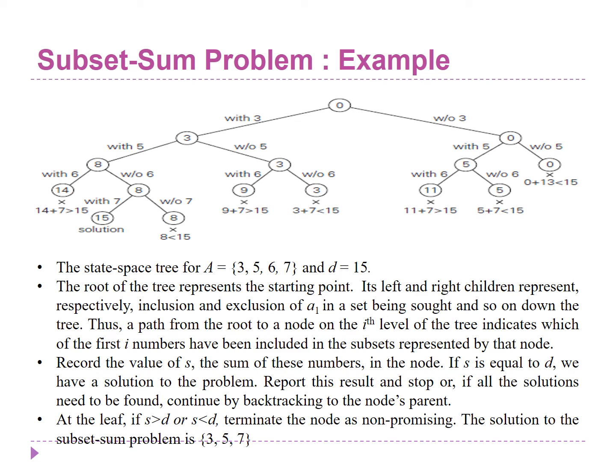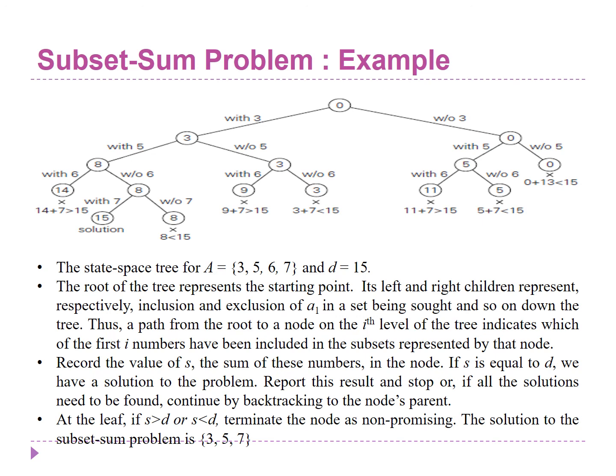Each level in the state space tree represents the inclusion and exclusion of successive elements in the set. Thus, a path from the root to the node on the ith level of the tree indicates which of the first i elements are included or excluded from the subset. The sum of the included elements are recorded as the node value.